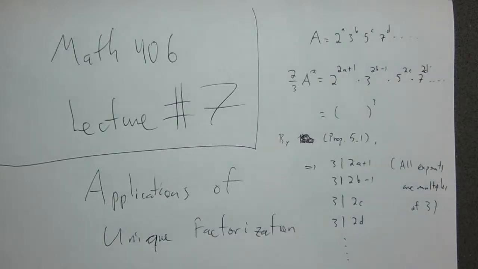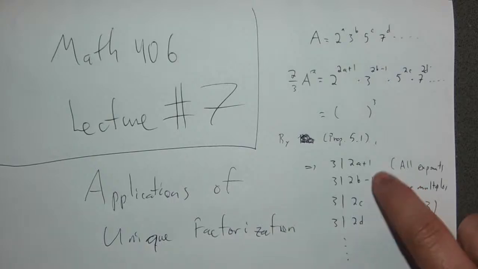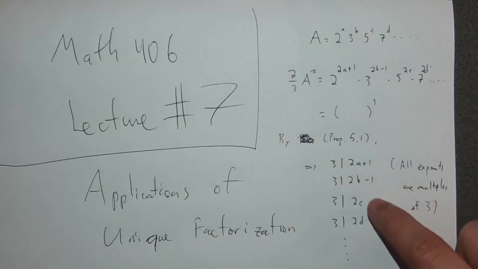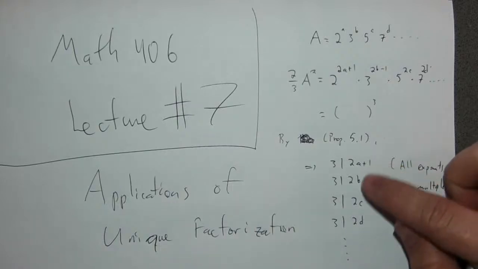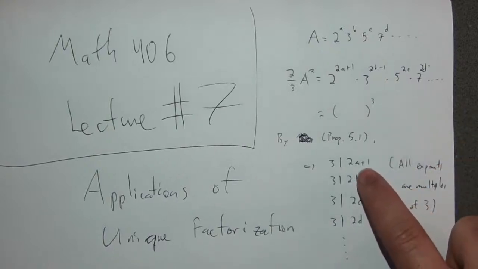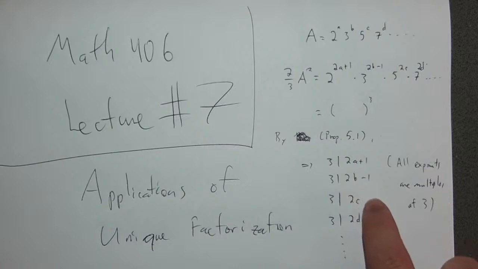Okay. So I could already come up with some solution here. Knowing that these have to be multiples of 3, I could just mess around with these numbers. For instance, I could take c, d, e, and so on to all be 0, and then I could just make this work for a and b. So if you take a equals 1, so that this is 3, so 3 divides 3, and b equals, say, 2, so that both of these are 3, and the rest are 0, then what do I get?